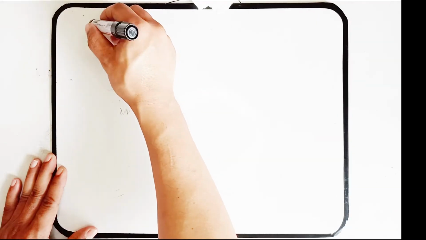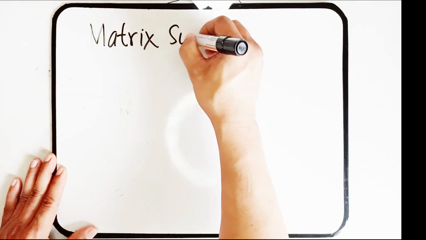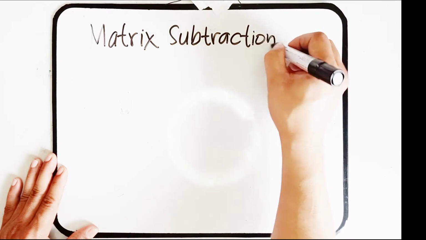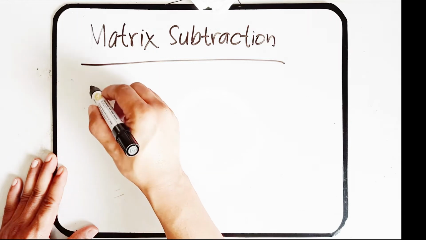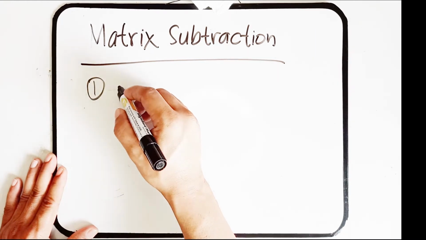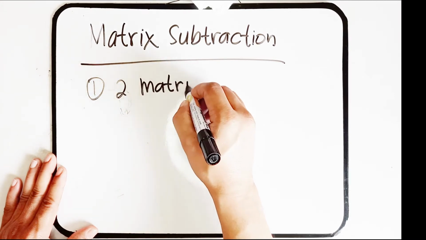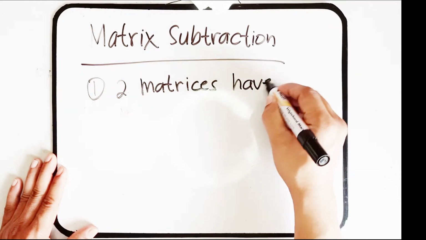For matrix subtraction, the rules are almost similar to your matrix addition. So there are two rules. The first rule is that you have to make sure that the two matrices have the same order.